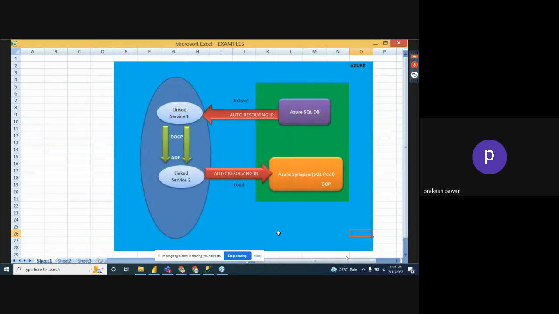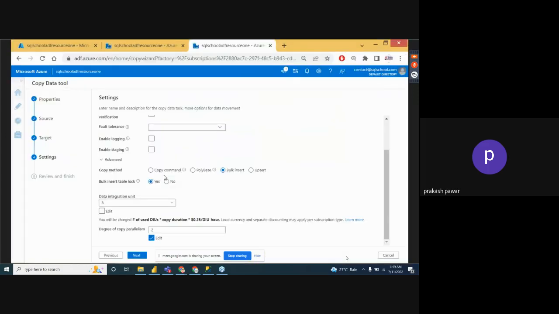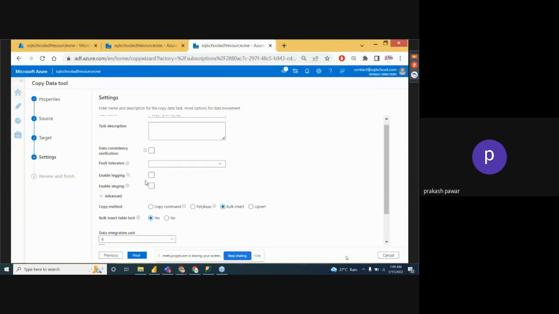Yes, everyone. Because then we can go for questions accordingly. No worries about logging, staging, PolyBase. We'll do them one by one. Just give me one more example time.